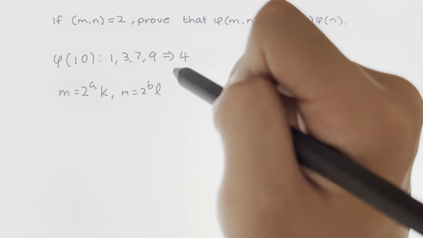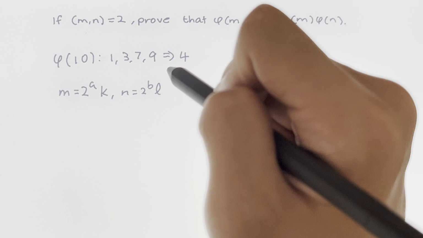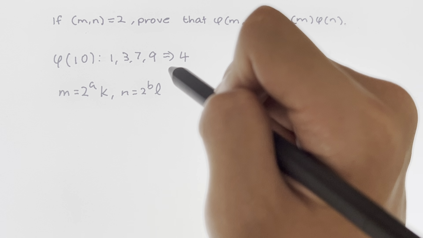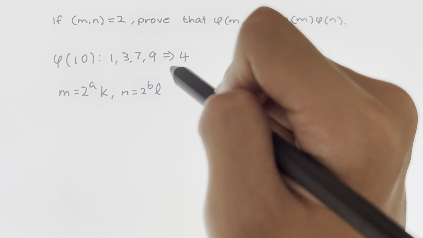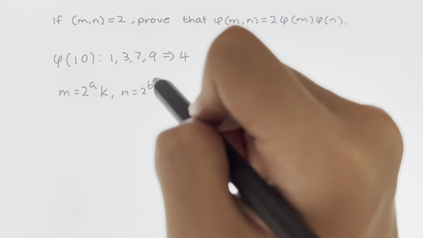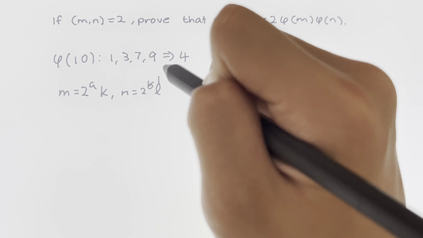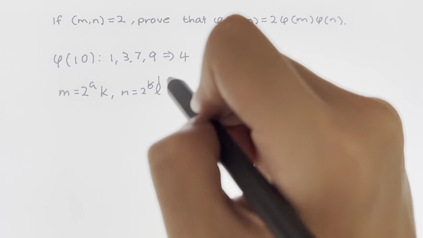So, for example, k and l are odd. Also, we know that the minimum of a and b equals 1. So this means that one of a or b must be 1. Without loss of generality, we can let b equal 1, so we have n equals 2l.